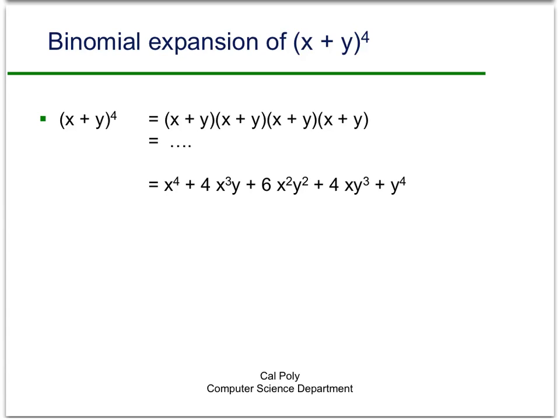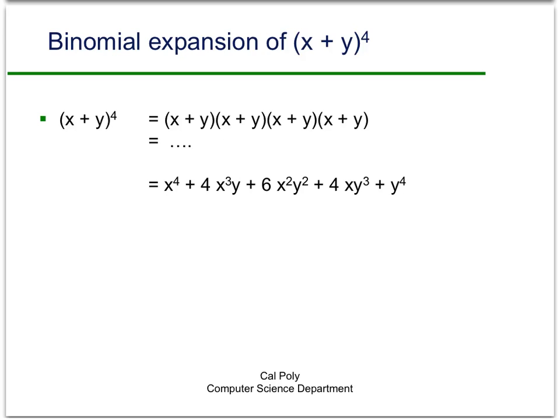Call them x plus y sub a, x plus y sub b, x plus y sub c, and x plus y sub d, but 4 different terms. And to get x to the fourth, we have to take the x from each one of the 4. And there's only one way to do that. That's x to the fourth. Then to get x cubed y, we have to take an x from 3 of the terms and a y from 1 of the terms.